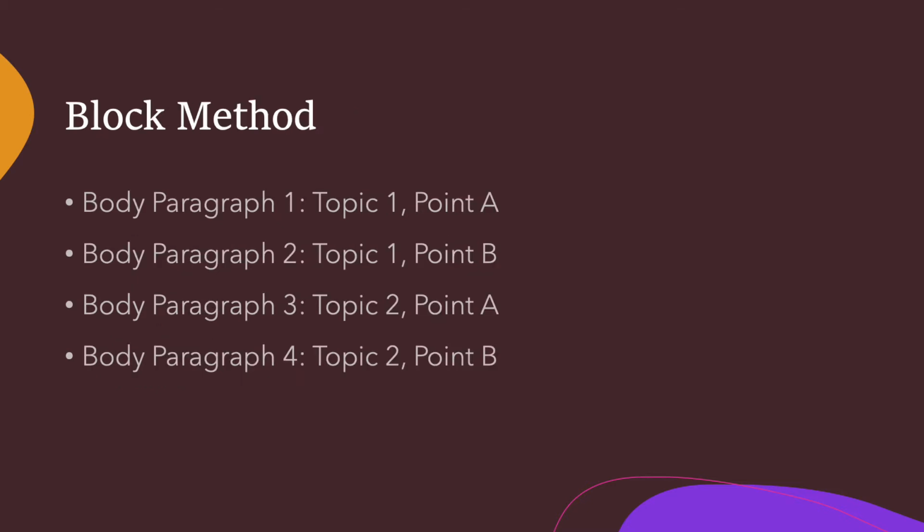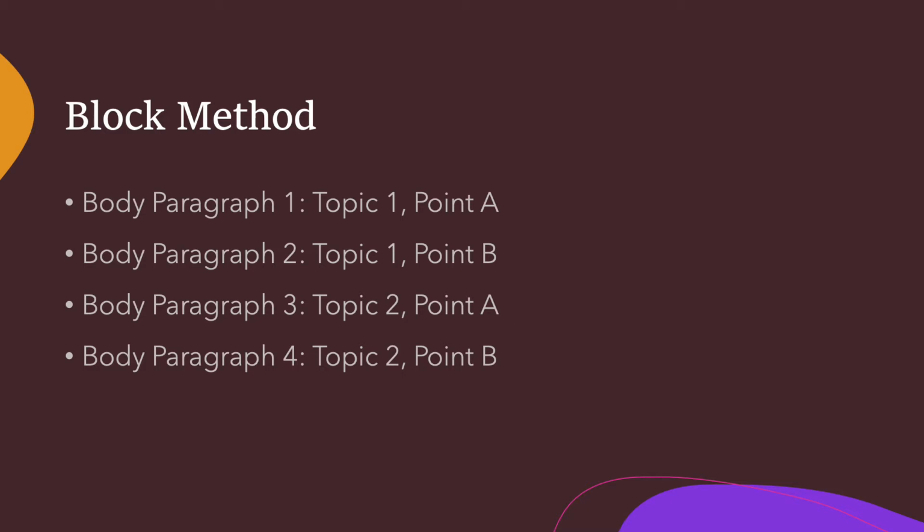So what is the block method? In the block method, body paragraph 1 is going to be topic 1 and point A. Body paragraph 2 is going to be topic 1 and point B. If you notice, these first two paragraphs are about topic 1, talking about it from the perspective of these two points.